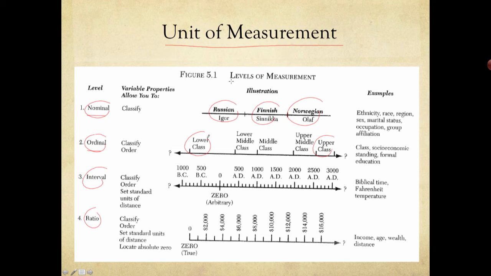And finally, interval and ratio. These are essentially where you now use numbers, numerical differences, to articulate and describe the variations across your cases. And in many ways, those are the most succinct, the most effective type of information in order to compare and contrast your cases.